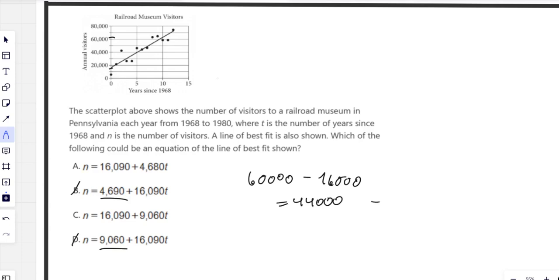And if we take that and divide by 10, then that gives us our slope, approximately 4,400 per year. So of course, the one that matches up with that is going to be answer choice A. It's got the intercept close to around 16,000, and it's got a slope of around 4,400, what we calculated. It's actually 4,680 here, which is a lot closer than 9,000.